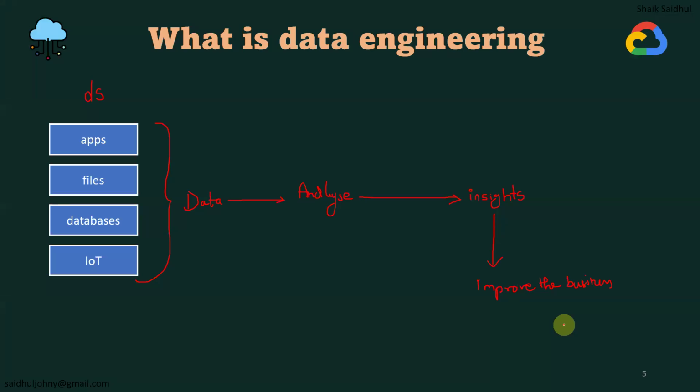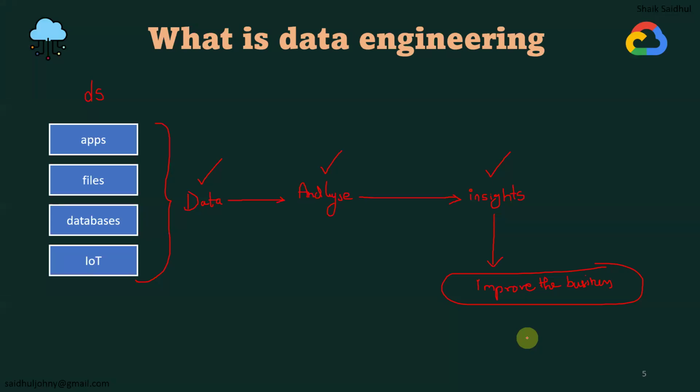What is that activity? If they want to improve their business, you must store the data first, then analyze the data second, then get some insights, which will eventually help you improve your business. The main goal of every company is to improve the business, nothing but improving the customer count or customer satisfaction, the number of sales, increase in quantity, orders, all of these things.